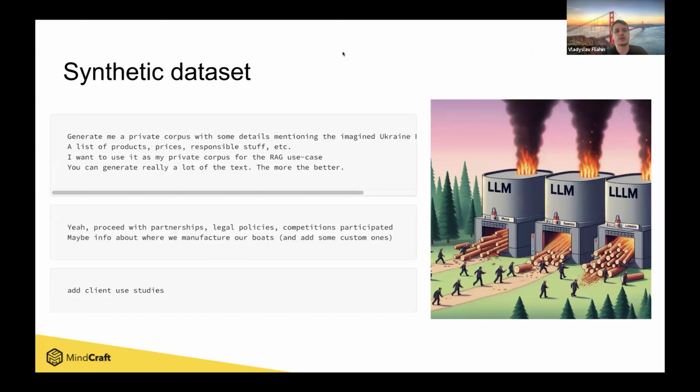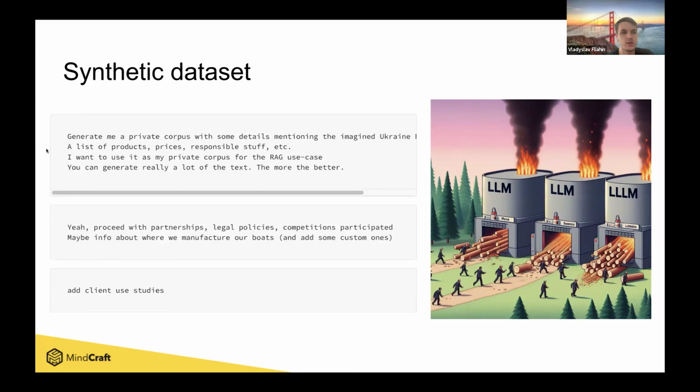Because we're talking about custom assistants, we surely need a dataset to experiment with. Currently, it's extremely hard to find a dataset that wasn't scraped and bumped into an LLM during the pre-training stage, as we can see on the right. That's why we decided to generate a synthetic dataset.